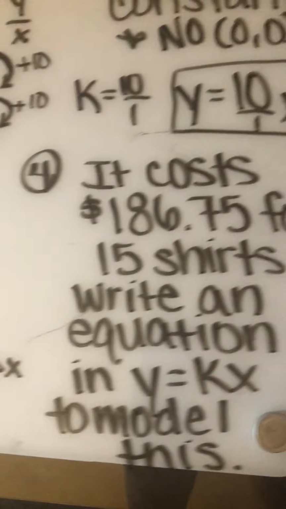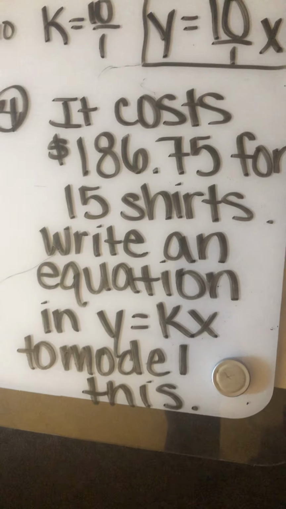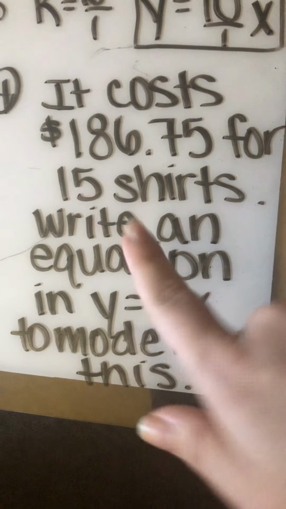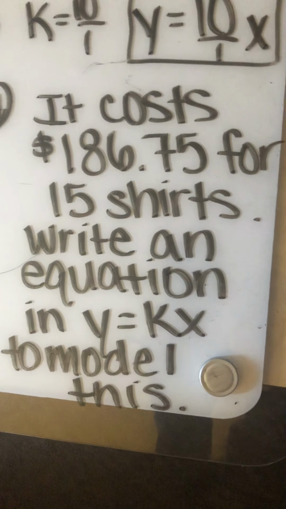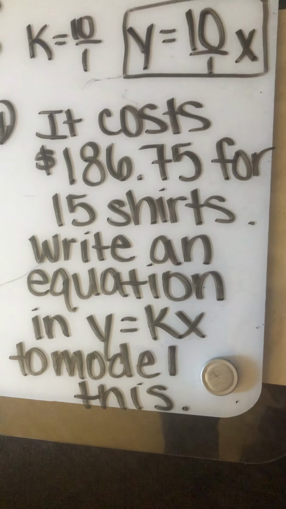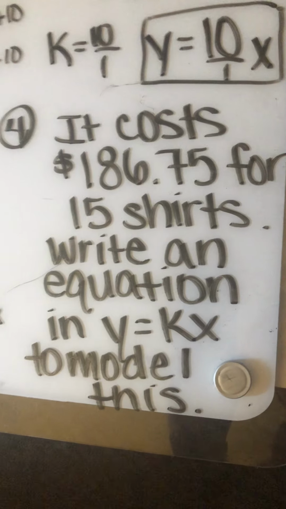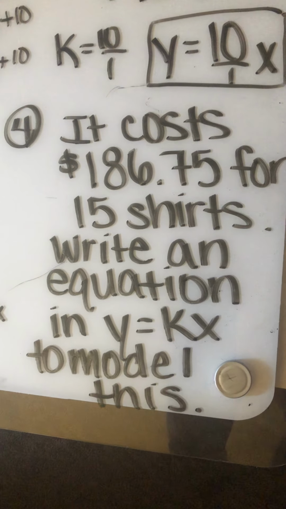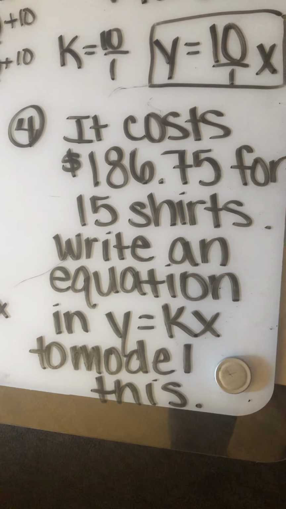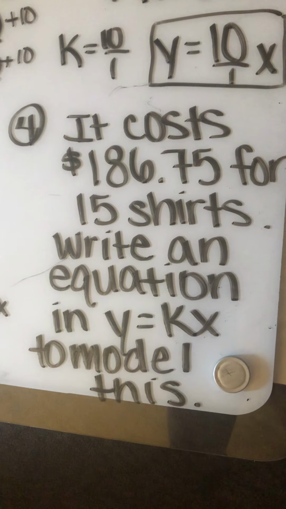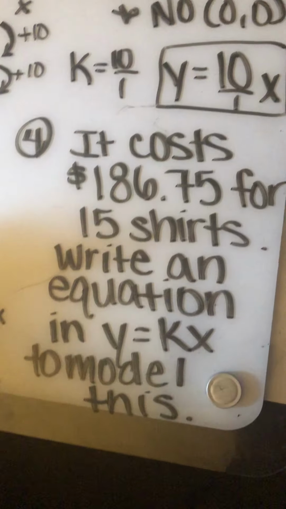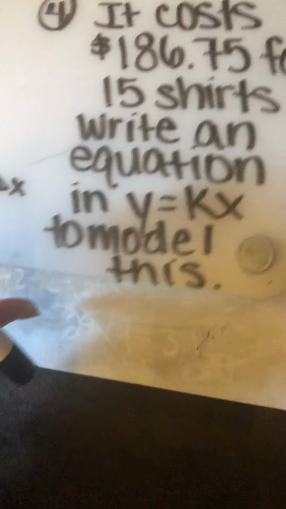Okay? And then our last question is a word problem, but you're still using our same understanding of constants. So it might say something like this. It doesn't necessarily use these numbers, but similar type of problem. It cost you $186.75 for 15 shirts. Write an equation in y equals kx to model this. Okay, so the way we're going to do this is by using unit rate, our understanding of unit rate.